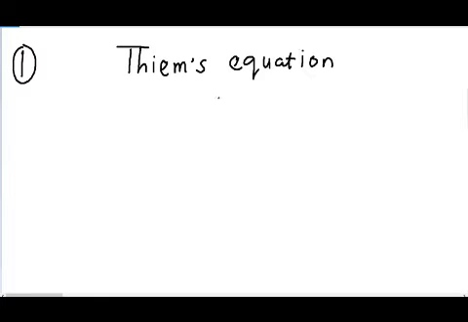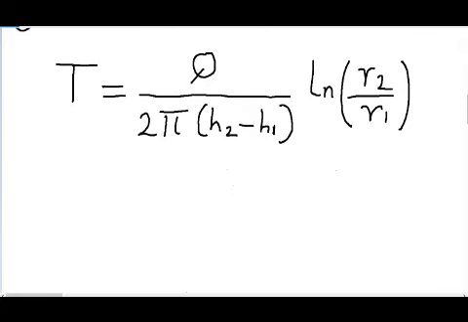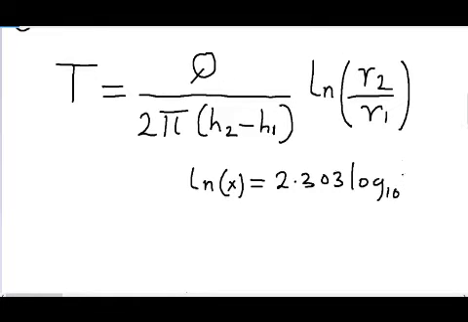To find the transmissivity, we're going to use Thiem's equation for steady-state flow to wells in a confined aquifer. The equation is given as, recall that ln of x equals 2.303 log base 10 of x.